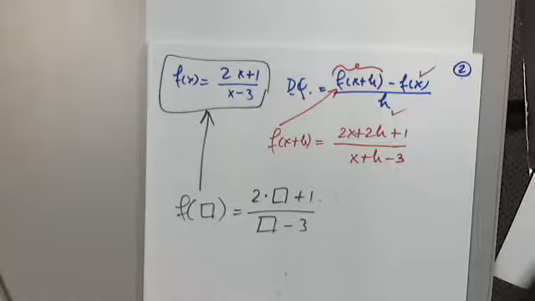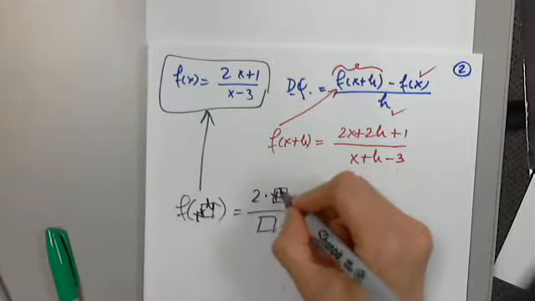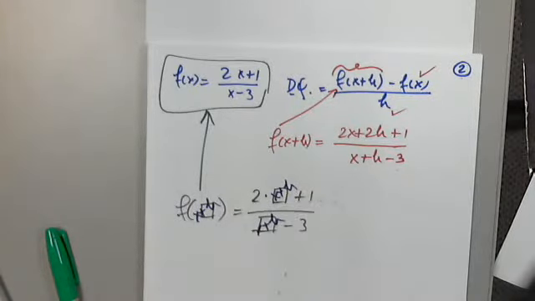The result is added to 1. The result is divided by the same argument minus 3. So now if you're asking me to find f of x plus h, all I have to do is put x plus h instead of the argument. So f of x plus h will be (2x plus 2h plus 1) over (x plus h minus 3).